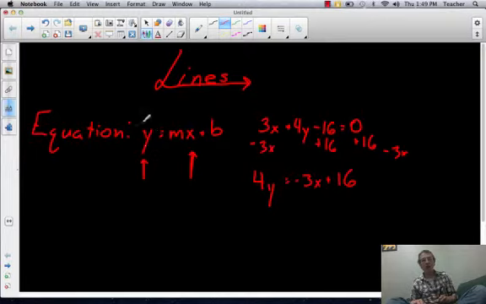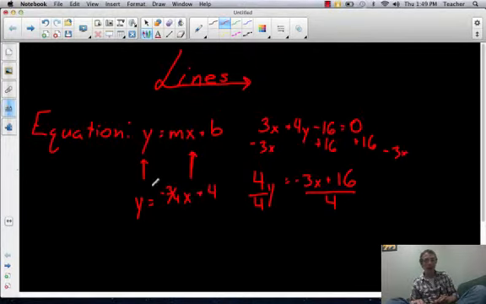But we still have something in front of the y, our 4. So we need to get rid of that. We simply divide the whole thing by 4. Now, our equation ends up being y equals negative 3 over 4 x. You can leave this as a fraction there. Plus, and it's going to be plus 4.